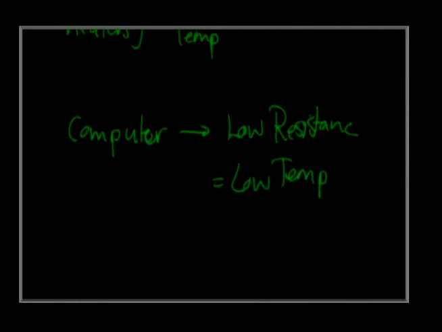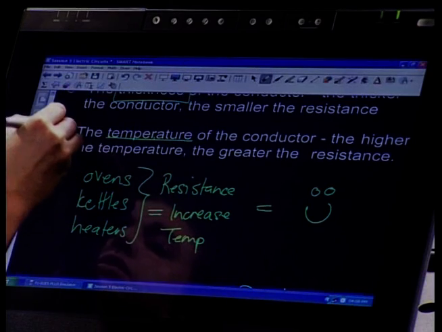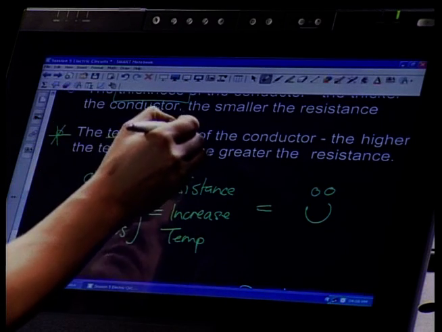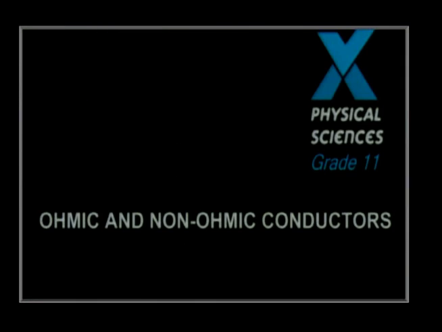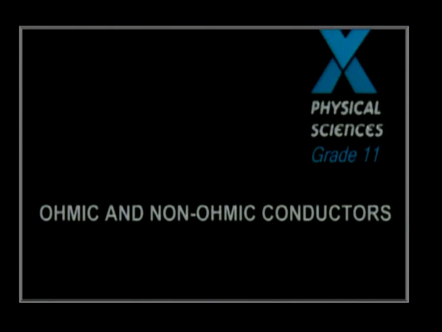Now, apart from the basic operational value over here, it also has certain safety precautions, and that is why we try and keep the temperature as low as possible for these devices. Now, going back to the temperature, the change in temperature that we encounter over here also gives rise to two different types of resistors, referred to as ohmic and non-ohmic conductors or resistors.